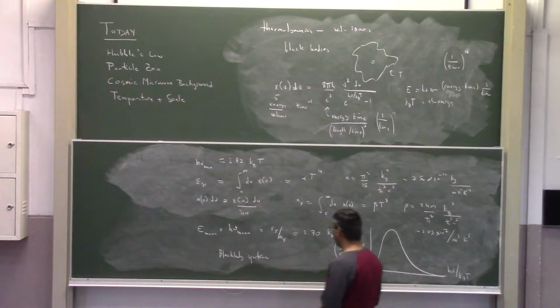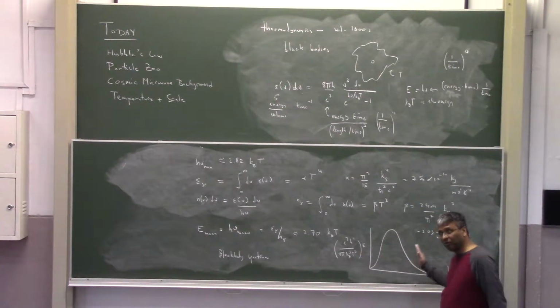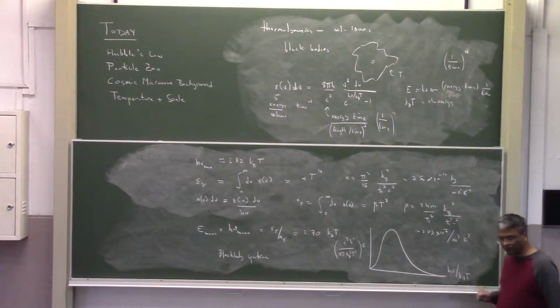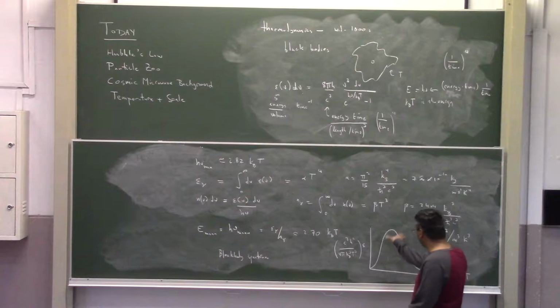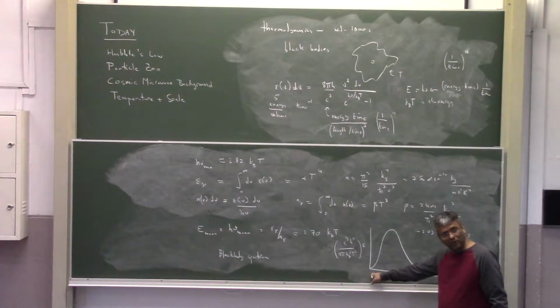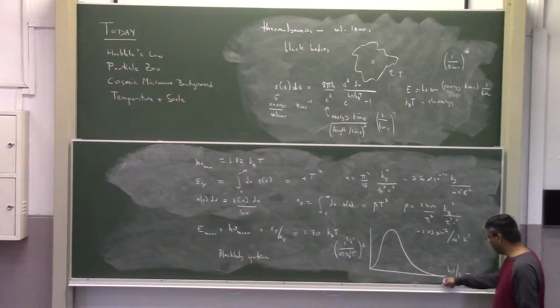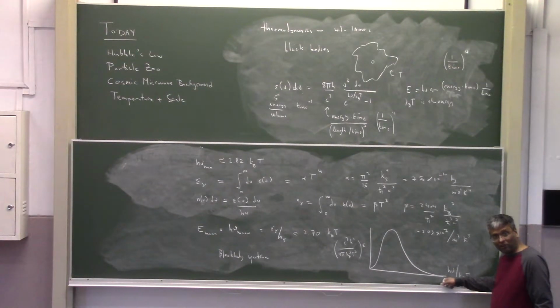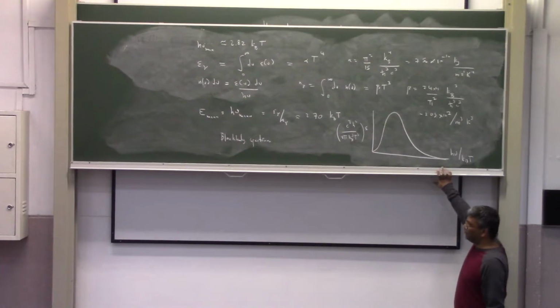As you shift the temperature, the peak of the curve moves, but the shape of the curve remains the same. What it tells us is most of the radiation has energy which is near the peak. There are very few photons with energy which is nearly zero, and there are very few photons with large energy. The tail dies exponentially.